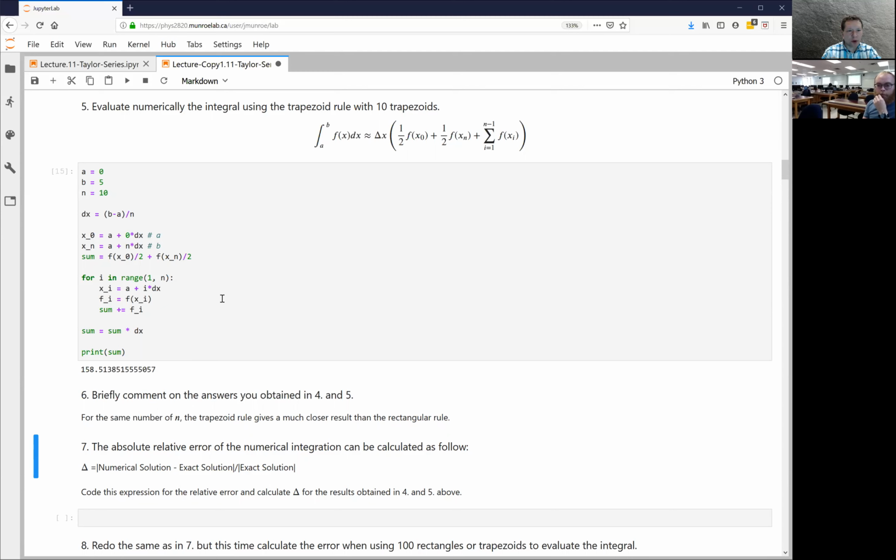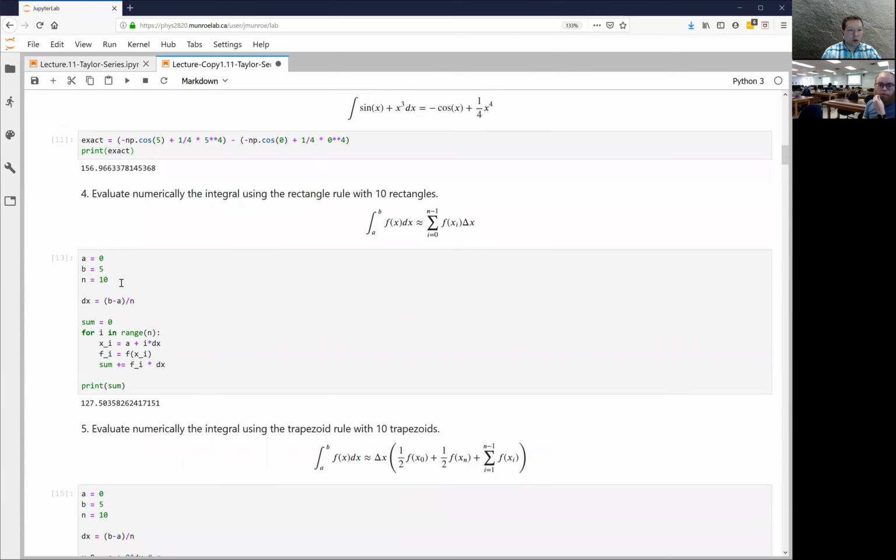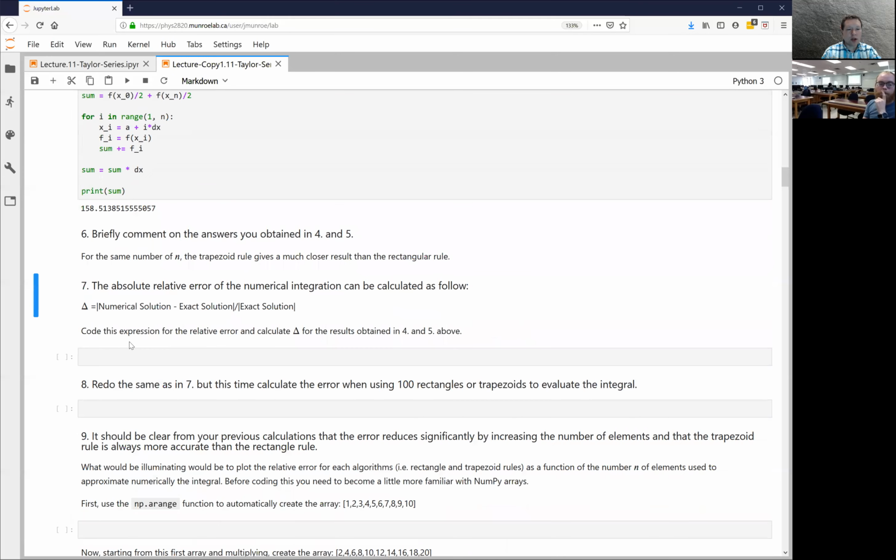We know that the trapezoid method is more exact, has less error than it all the way through. Now we can be more specific about this. We can comment on what the actual error is. So rather than just looking at the numbers, 156, 127, and 158, we can talk about the absolute relative error.